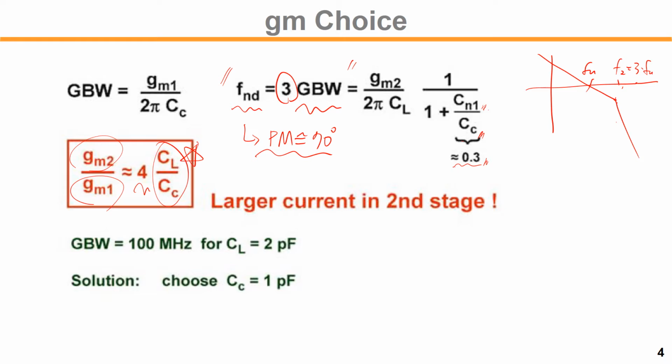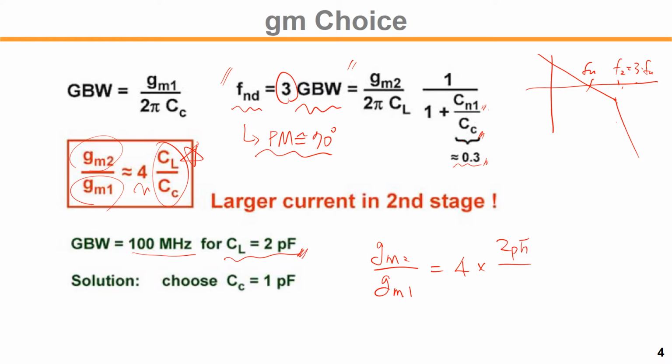For example, for GBW 100 megahertz and CL equal to 2 picofarad, we can plug that in. How much CC will we choose?